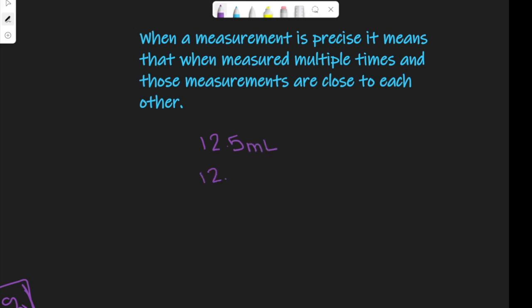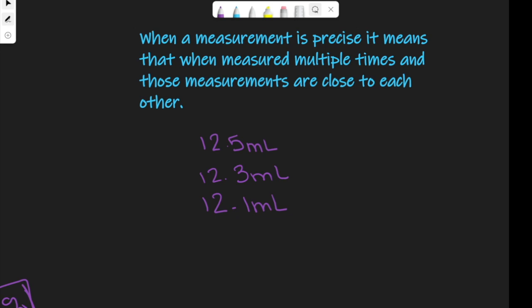You have 12.3 milliliters. And maybe you have 12.1 milliliters. How close each one of these measurements are to each other is called precision. So we can see that these measurements are fairly close to each other. And we could actually calculate this value by doing a calculation called average deviation.